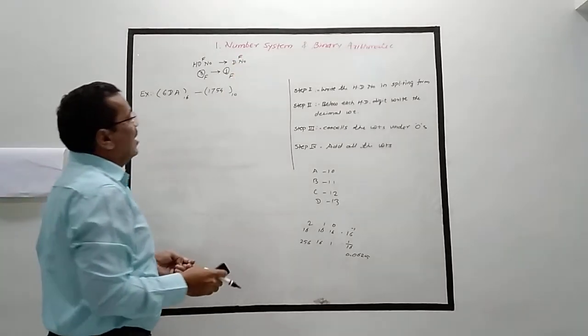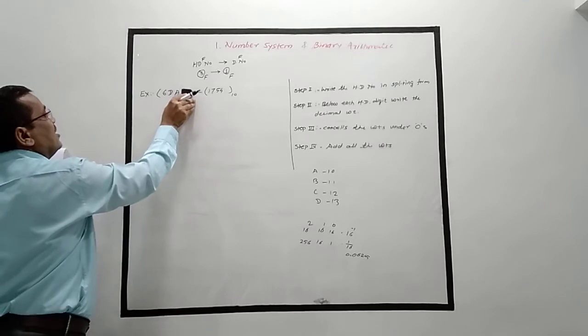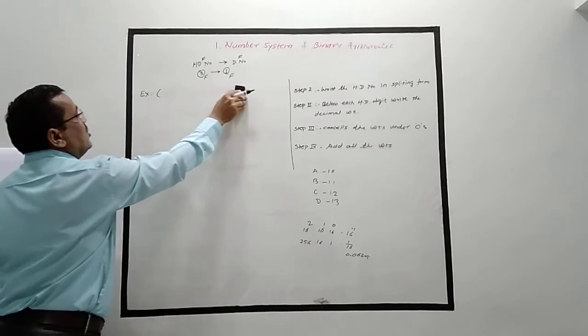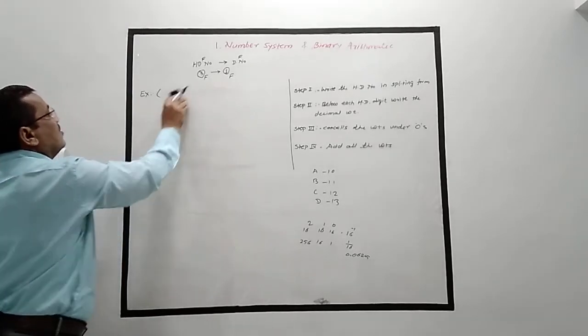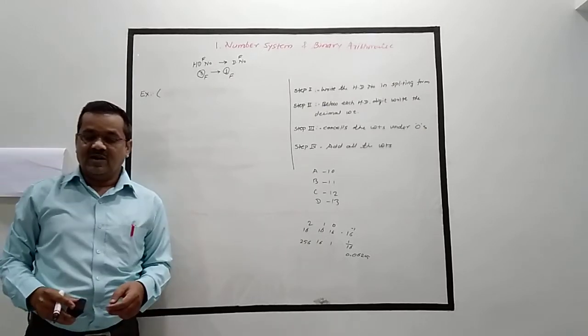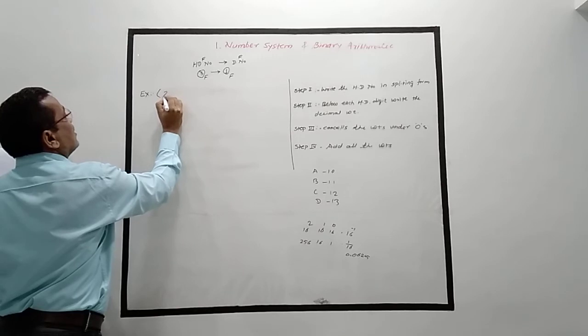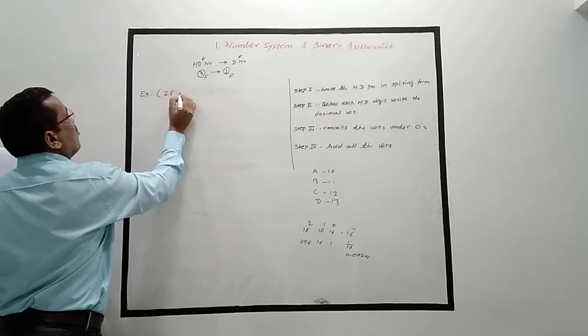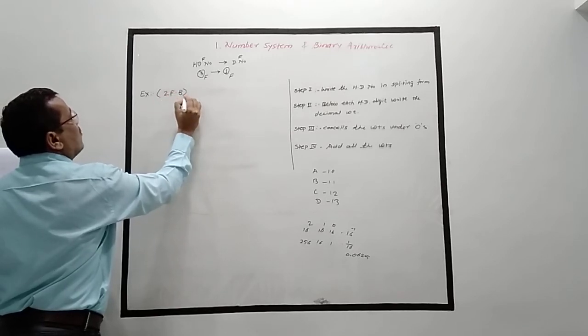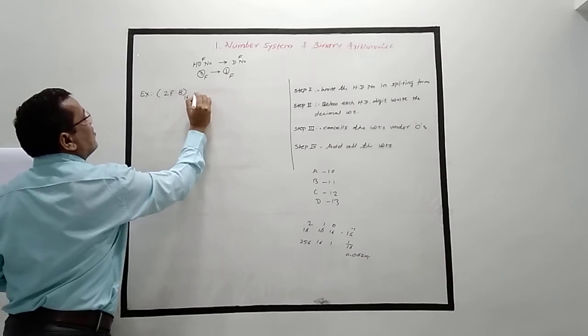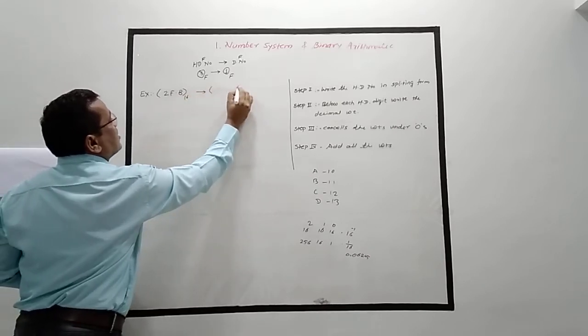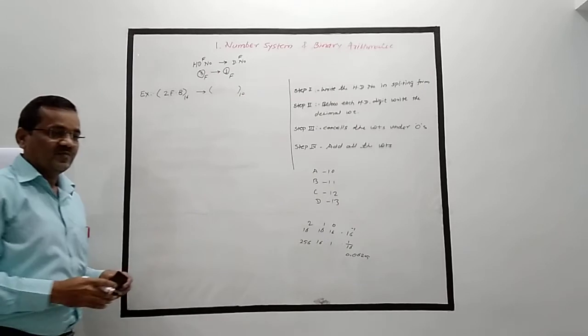That means the HD fraction number is to be converted into its fractional decimal number. Suppose an example is 2F.8 of this hexadecimal number. It is to be converted into its decimal equivalent.